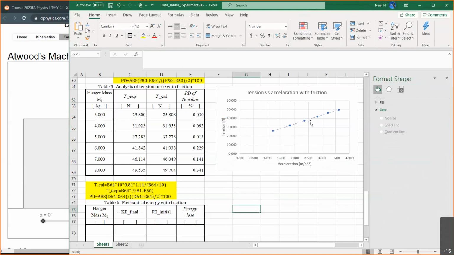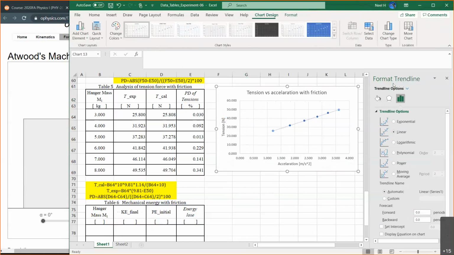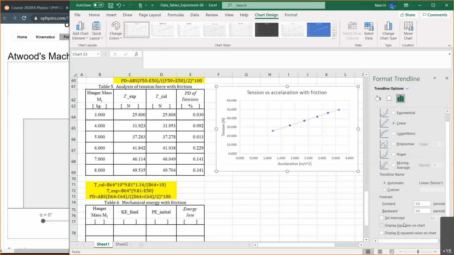If you bring the cursor on top of the trend line somewhere and double click, you will see an extra menu bar for the trend line options. Keep the linear, and at the very bottom click on the last two. Do not click set intercept to 0, because now the intercept is not 0.